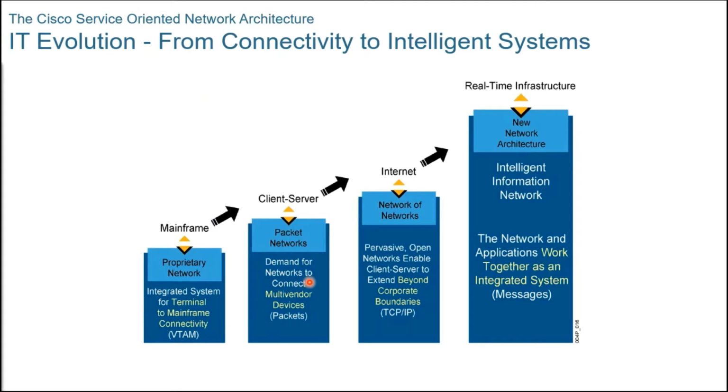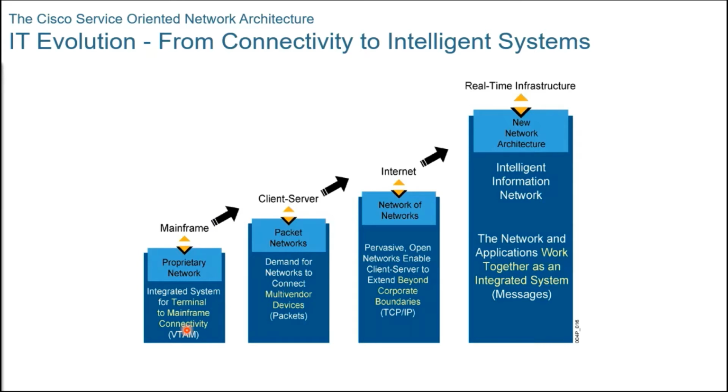Organizations need their networks to evolve to intelligent systems that participate actively in the delivery of applications to effectively reach the goal of improving productivity, reducing time to market, greater revenue, lower expenses, and stronger customer relationships.